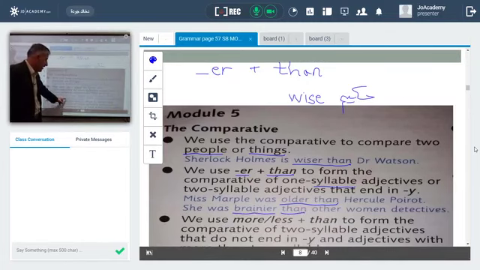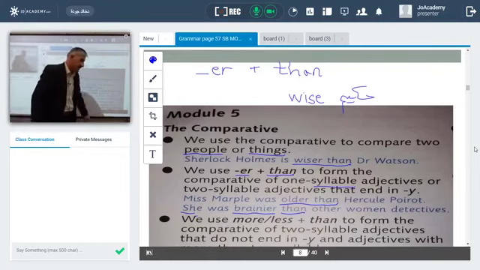So we have the adjective brainier than. We added ER to the end of the adjective. Then we added than. Then we completed. Here we are making comparison between she, Miss Marble, and other women detectives.